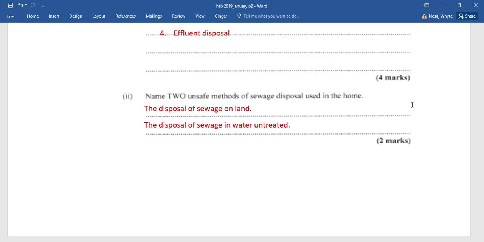So the sewage is disposed of in rivers and other water bodies, and of course the sewage is not treated. These are 2 unsafe practices that happen at home. You might say that your home is not beside the water, but of course your home is beside land, I hope. And in some cases there are persons who would have their settlement pretty close to water, and as such the sewage is disposed of in rivers and streams.